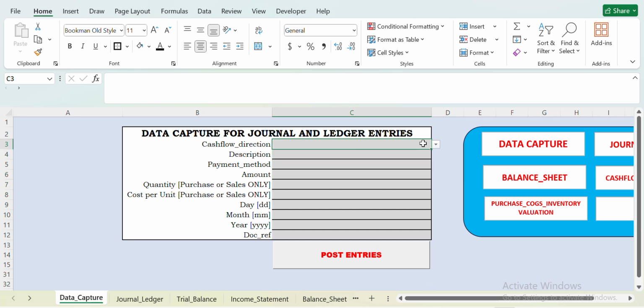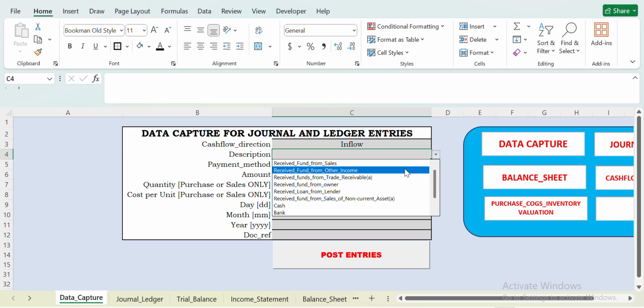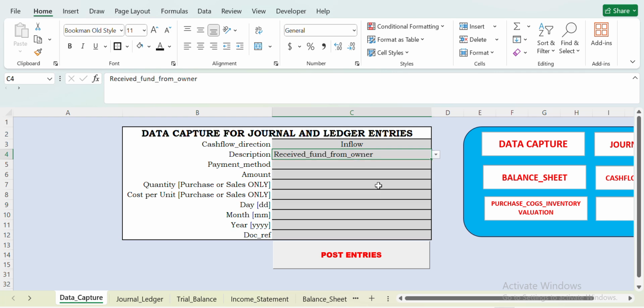So let's assume we are starting our business with a capital of, let's say, 10 million naira, or let's say 50 million naira. Under the cash flow direction, you select inflow since the money is coming in, and under the description, we select received fund from owner.